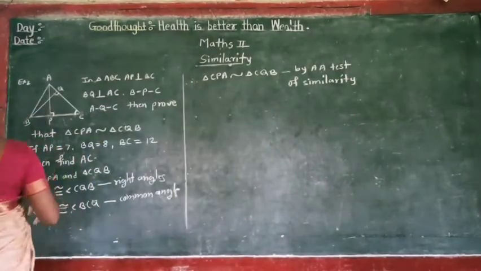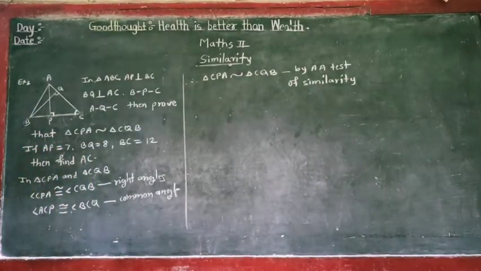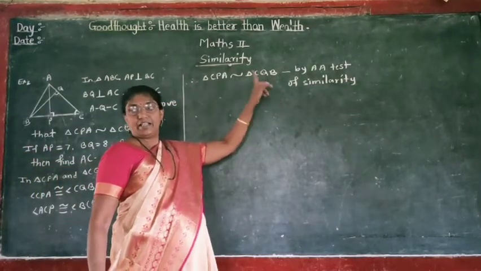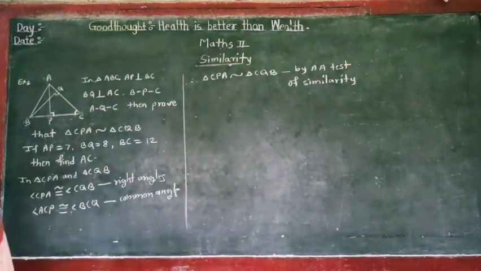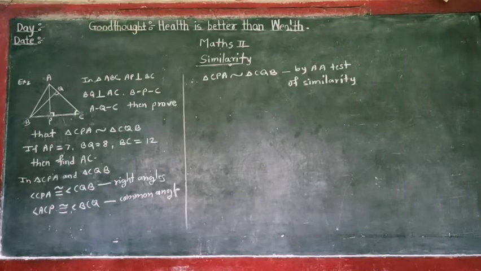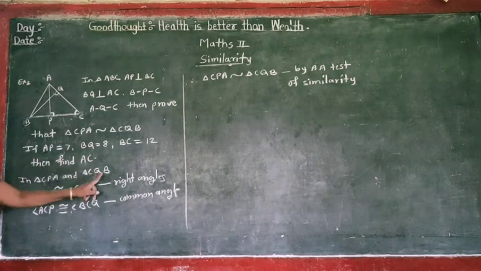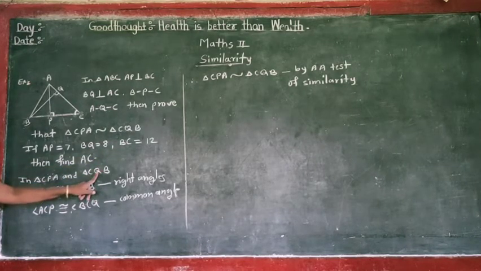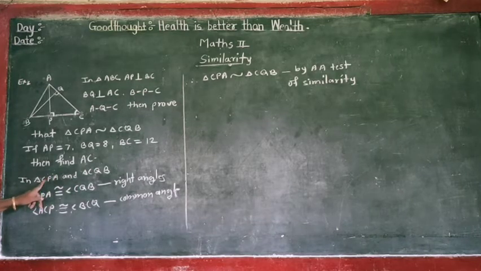Now we have to find out AC. If two triangles are similar, then their corresponding sides are in the same proportion. AP is given as 7. We have to find out AC. Here BQ is given and BC is given. That means BQ corresponds with PA.